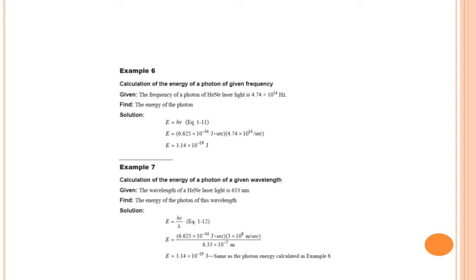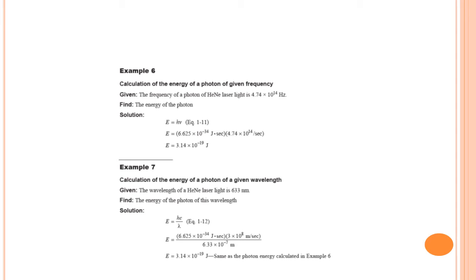H is given as 6.625 times 10 to the minus 34th joule seconds. And we were told that the frequency of the photon of the helium neon laser is 4.74 times 10 to the 14th hertz. So if I multiply those two, I get that my energy is equal to 3.14 times 10 to the minus 19th joules.